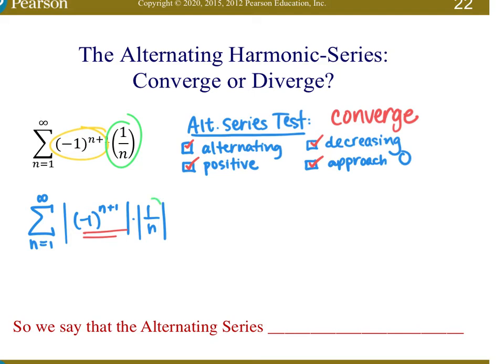This term is already positive, so this would be equal to, all right, and then as the alternating part is gone, we're really just left with 1 over n, which is the harmonic series, and we know that that diverges.